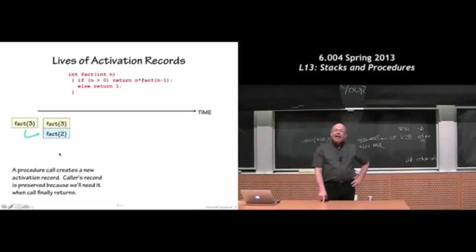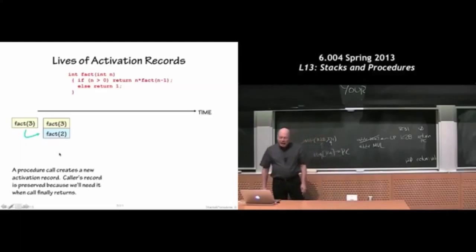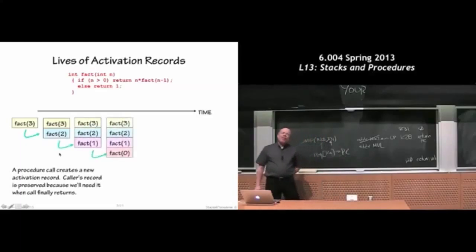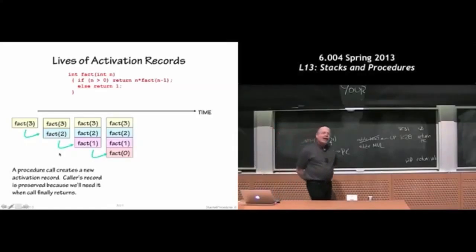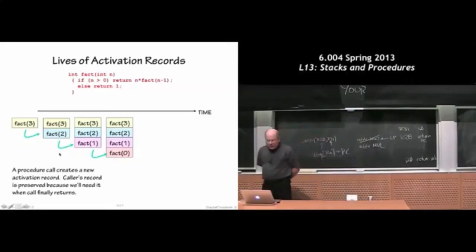And fact of 2 has that same laundry list of things it needs to save, all of which will be different than the values being saved for fact of 3. So there's this notion of an accumulation of activation records. As I continue my calls, I'm getting more and more activation records being stacked up somewhere. And I use the word stack very carefully because it gives us a hint about the data structure we're going to use to hold those activation records.